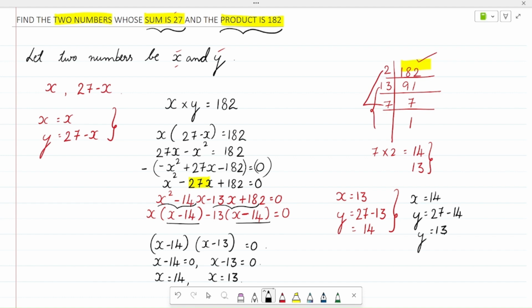So what does that mean? X and y, the two numbers that were asked for, are 13 and 14. Such a simple thing. If you understand the question well and the cues that are given in the question, then it's very easy to find the two numbers. Thank you.